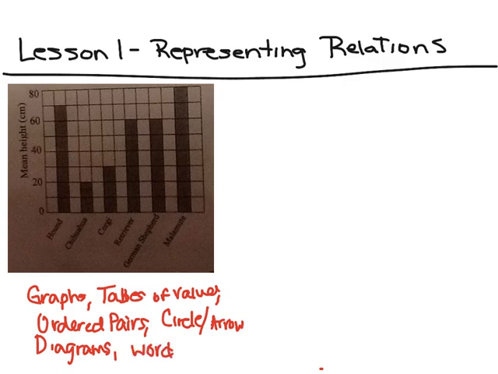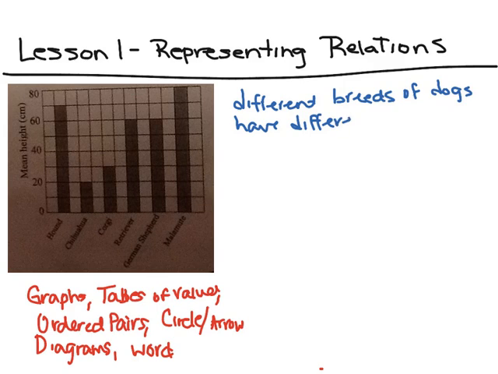In words, it's already written in the question: different breeds of dogs can be associated with their average heights. So different breeds of dogs have different heights. That's in words. This is a graph.